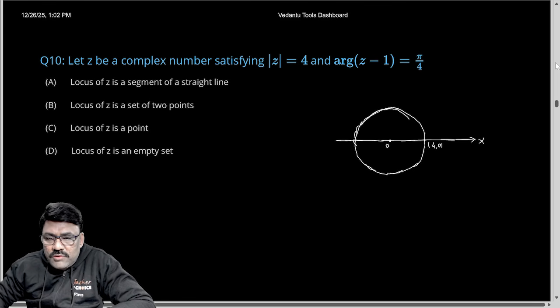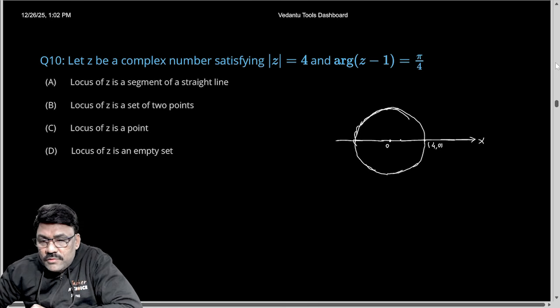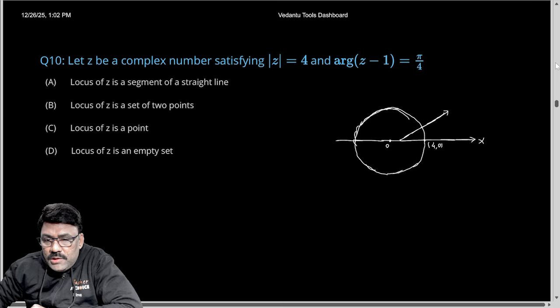Now, what is argument of Z minus 1 is equal to pi by 4? It is a ray like this, emerging from the point 1, 0, excluding the point 1, 0, and inclined at an angle pi by 4 with the positive direction of x-axis.